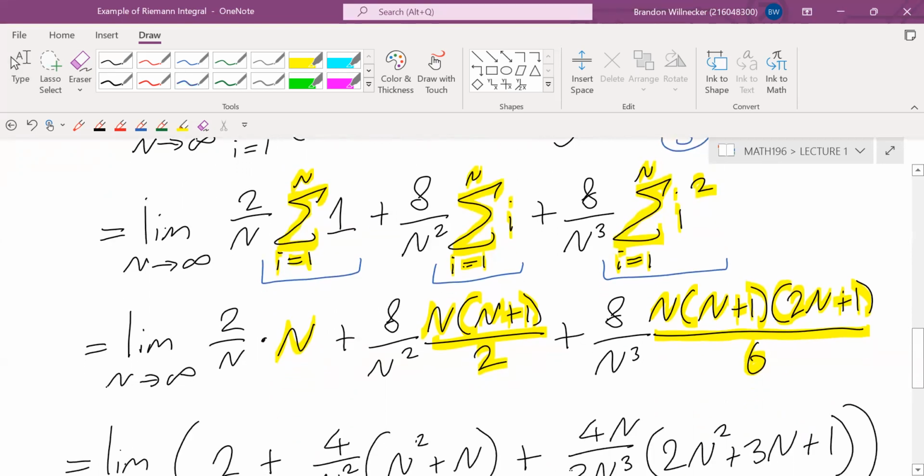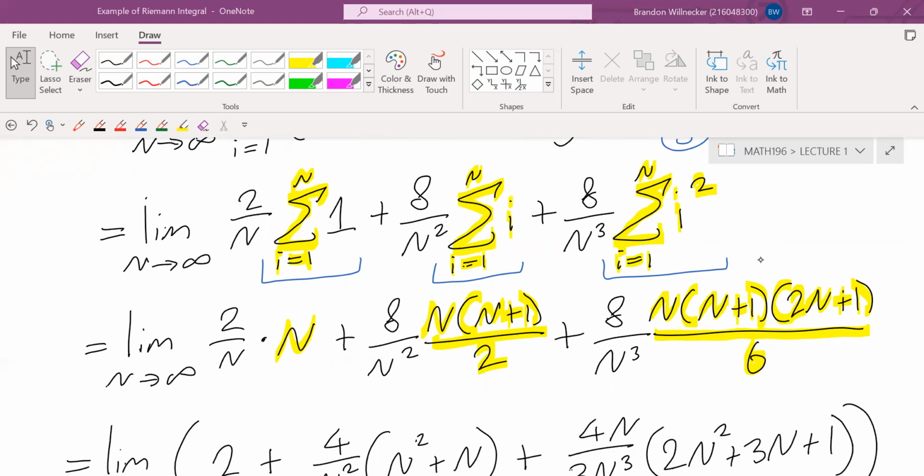For example, we know that the sum of r from 1 to n can be replaced with n times n plus 1 over 2. We can do that replacement. The same thing with the sum of 1, the sum of r squared, or if you're given the sum of r cubed, you can replace that as well.